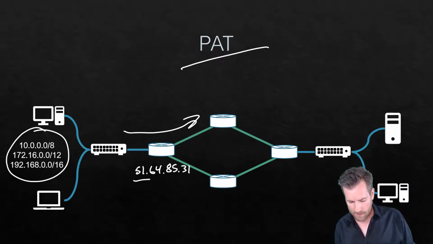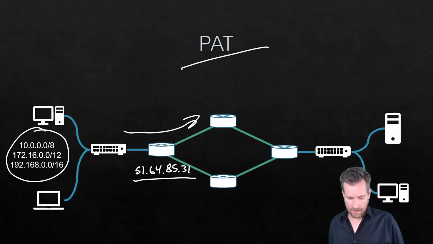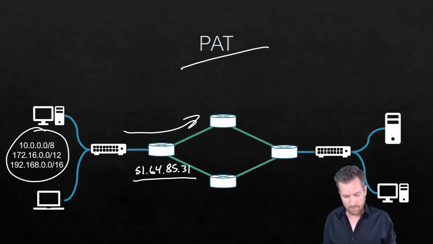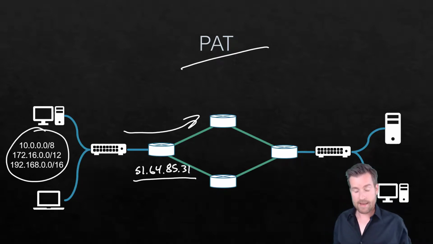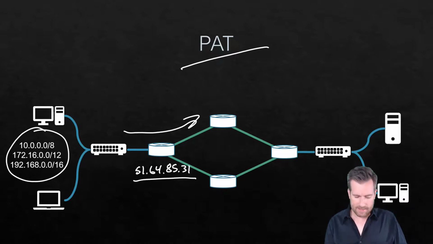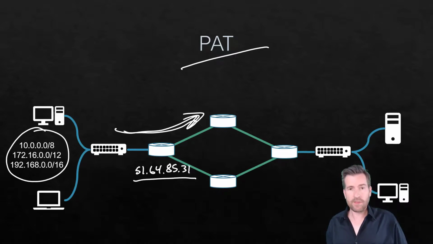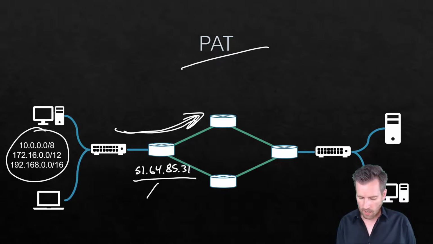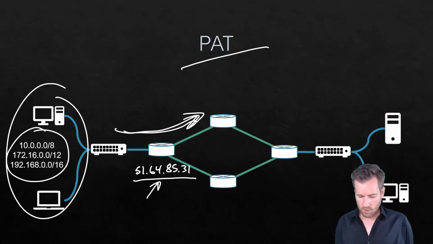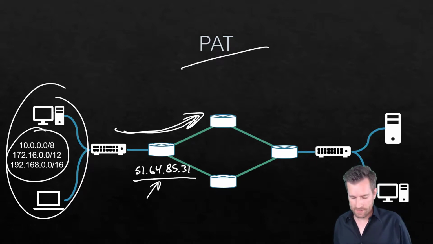So we have a single IP address that's assigned to this gateway right here. Our gateway is assigned 51.64.85.31. And so as this information goes out there, it gets translated from all of your machines back here to this single address as it goes out.